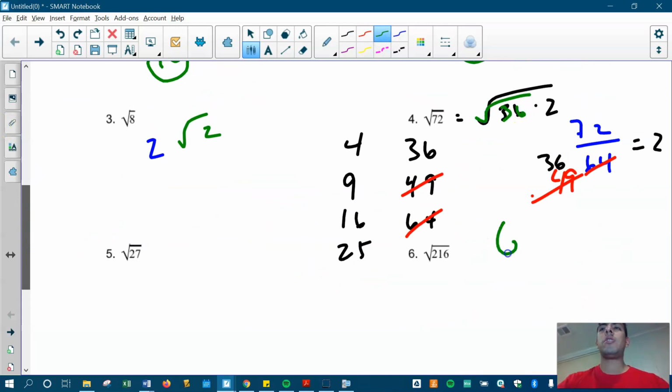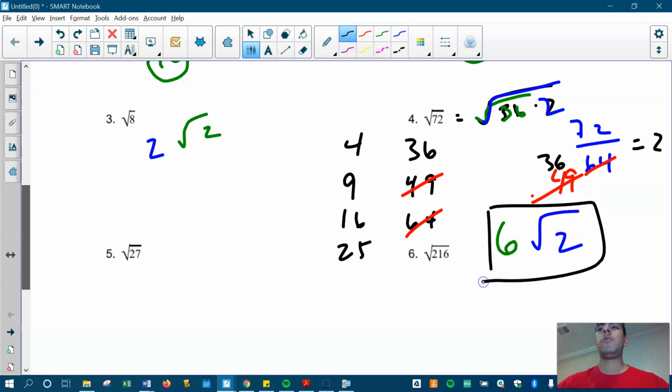Root of 36 is 6. And that other part, that root with the 2, has to stay here like this. And that's your answer, 6 root 2.